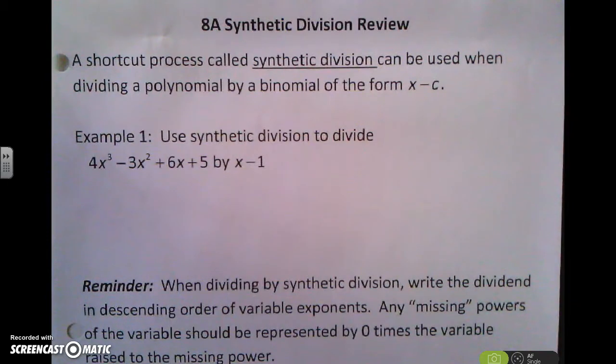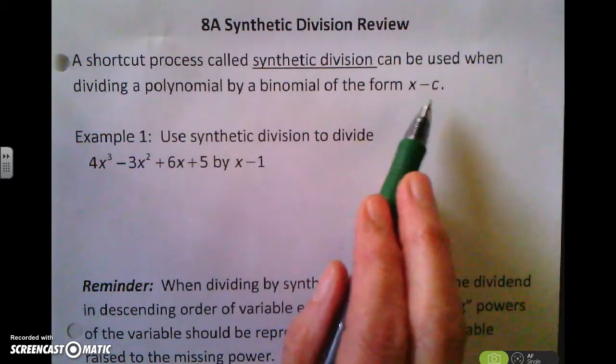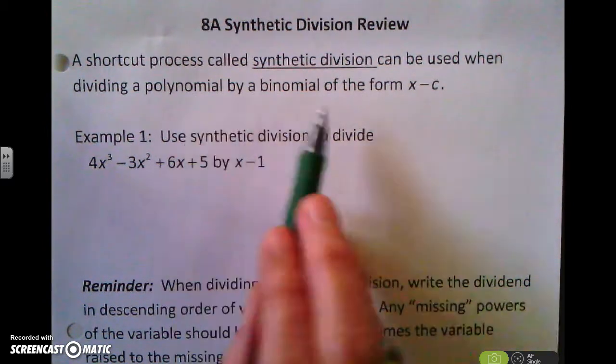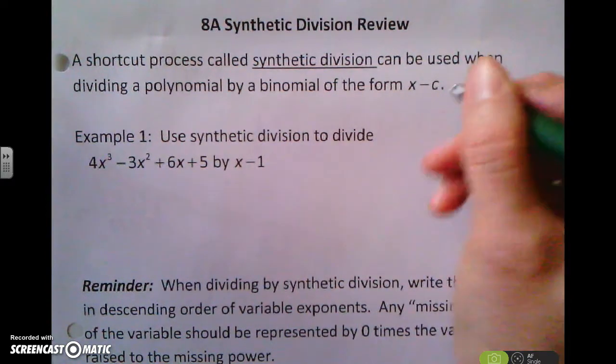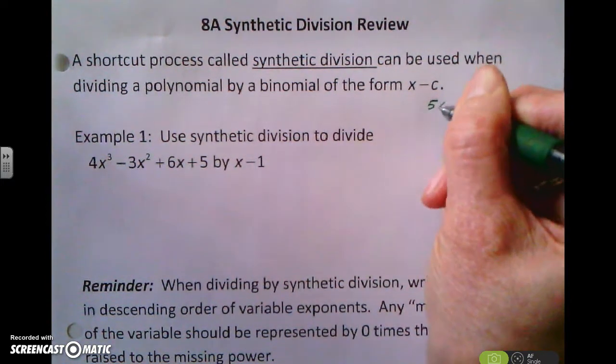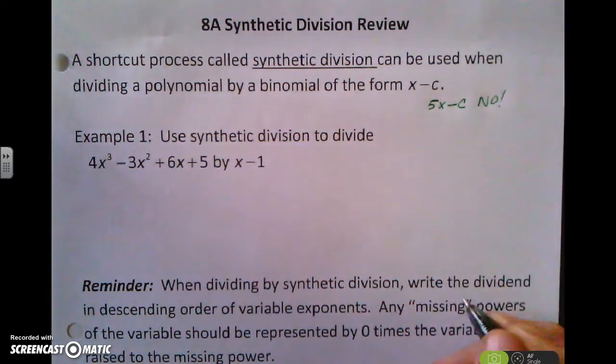So earlier in the year, when we were learning long division, right after that, we learned that there was a shortcut process called synthetic division that could be used when you're dividing a polynomial by a binomial of the form x minus c. So what that means is if I have 5x minus c, no, I can't use it.